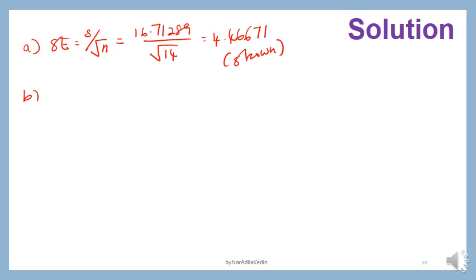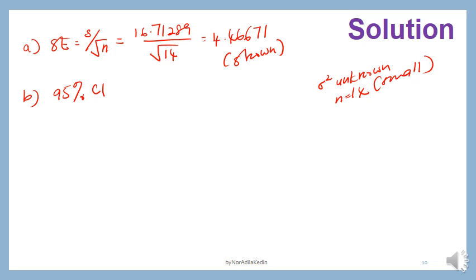Okay, for B, it asks you to construct a 95% CI. So as said earlier, variance unknown, N equals 14, small.